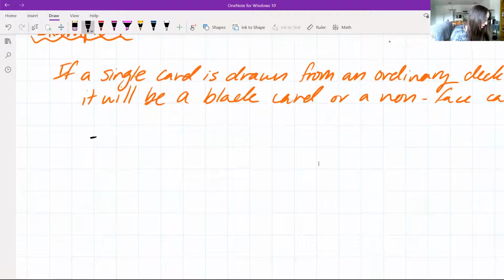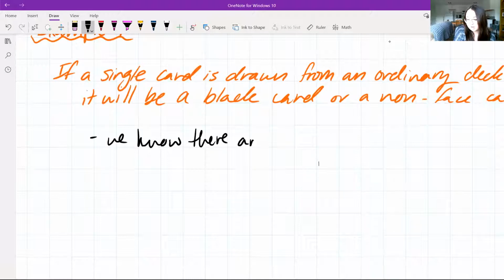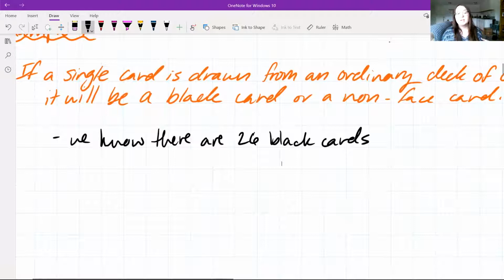First we're going to start off by saying that we know there are 26 black cards. A full deck of cards is 52 cards, separated into 4 suits, each suit having 13 cards, and there are 2 black suits, so there are 26 black cards, or half the deck.